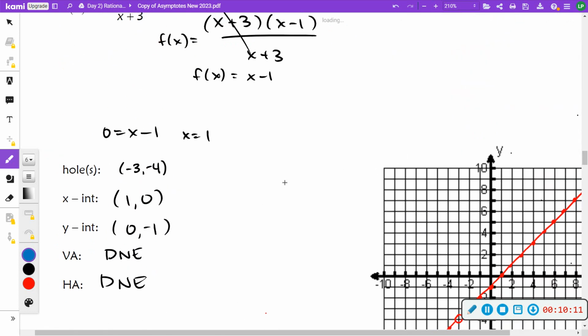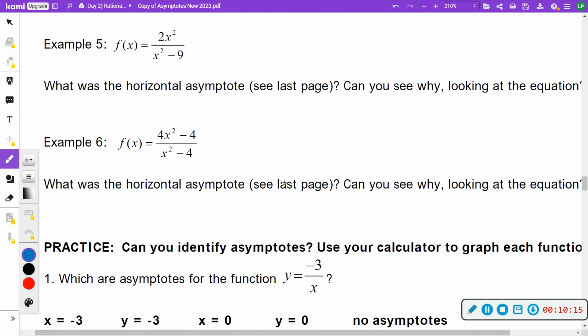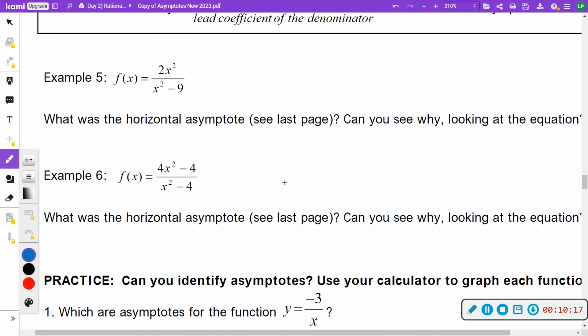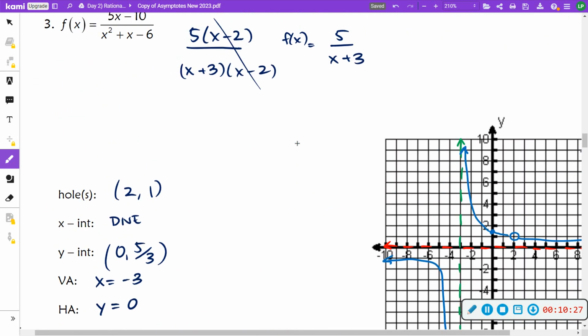I would like to come up with some new examples. So here, what would be the horizontal asymptote? So we look, the degree here is the same. So when the degree is the same, what did we say?